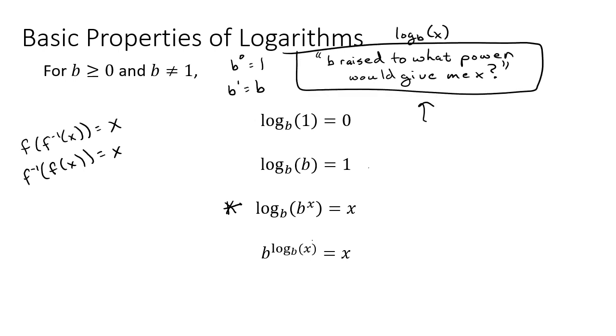That said, if you can remember the definition, that's probably the fastest way to work the problem. But what this inverse property tells us is that if you can write the inside of the logarithm as a power of the base of the logarithm, then those will cancel each other out, and the exponent will be the answer.